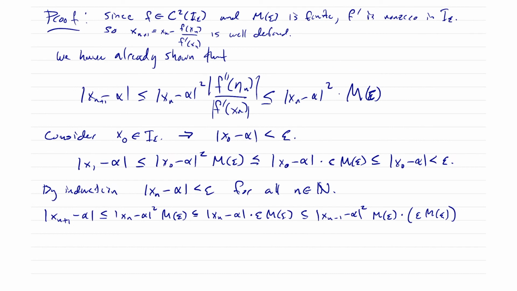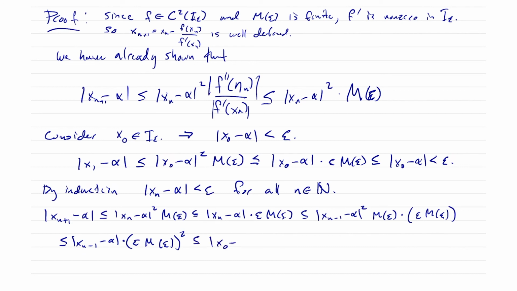and each time we pick up an extra square out of it. So then we can take this, and we get this is less than or equal to xn minus 1 minus alpha times epsilon times m epsilon, right? So shaving off one of these, and now this term is squared. Okay. So we can keep this going, and so we've gone from n plus 1 down by 2, and now we have a quadratic exponent, and we can keep this going until we get down to x naught.